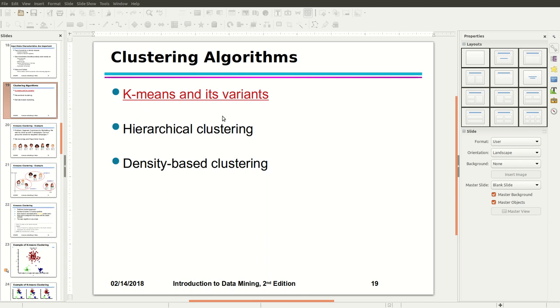So 10 and 15, the midpoint is 12.5. 6.5 and 9, the midpoint is 7.75, and 17.25 for this other cluster. Now I'm going to do the assignment again, but this time 10 is closer to this point than that point. So it is 2.5 versus 2.25, which is closer to here.